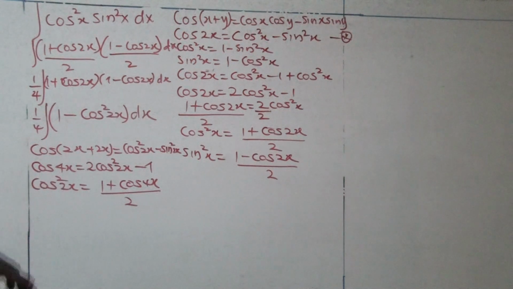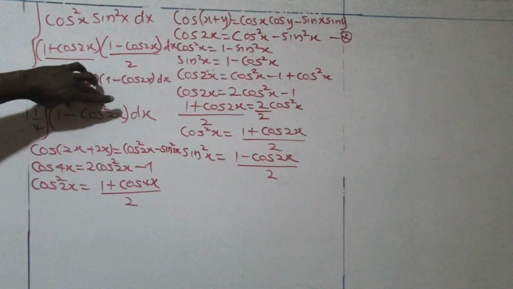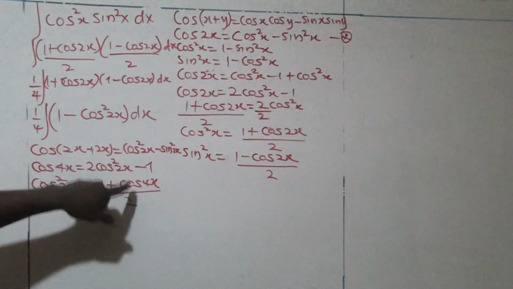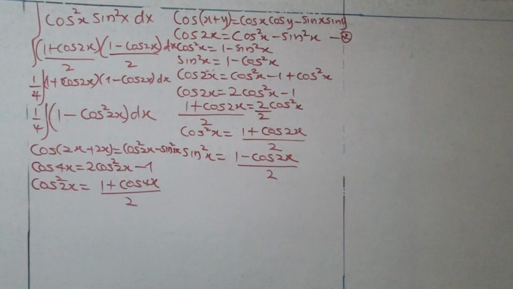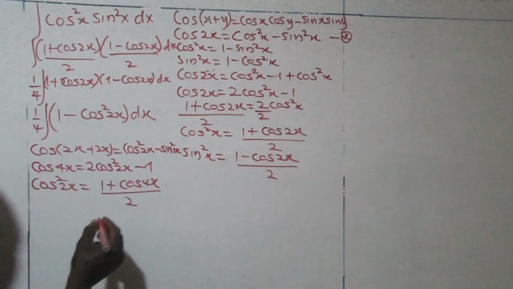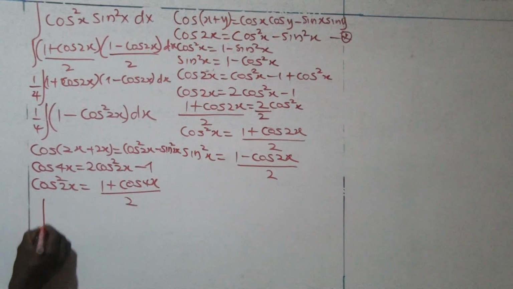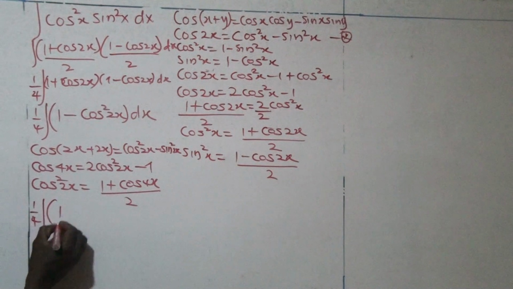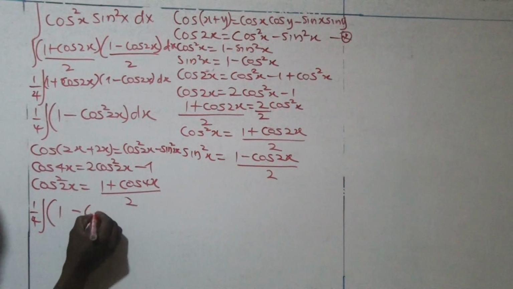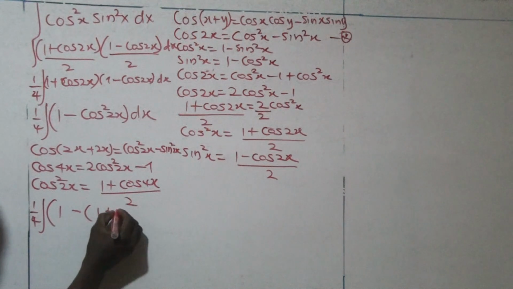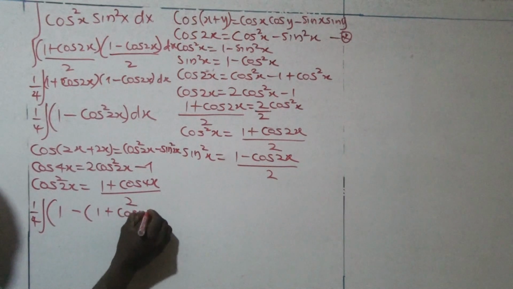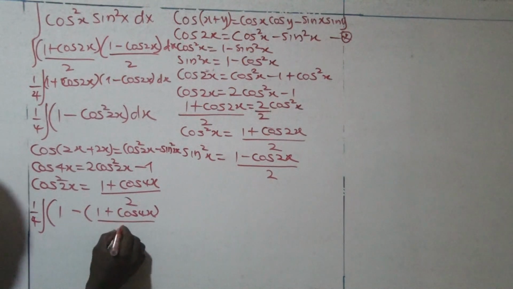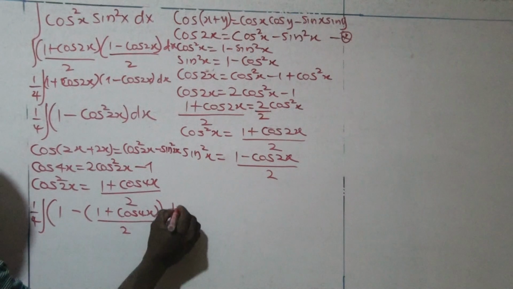So we look at our integral here. We replace this expression with this. If that happens, this becomes the integral of 1 over 4, open bracket 1 minus open bracket 1 plus cos 4x divided by 2, dx.